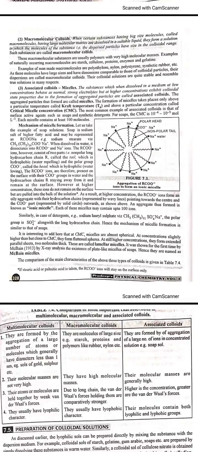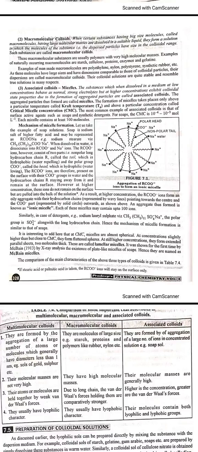Soap is the sodium salt of a higher fatty acid and may be represented as RCOONa. For example, sodium stearate, CH3(CH2)16COO- Na+. When dissolved in water, it dissociates into RCOO- and Na+ ions.